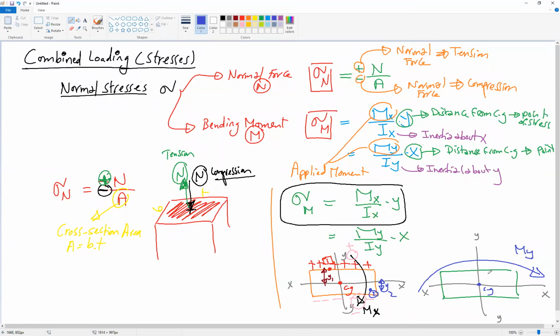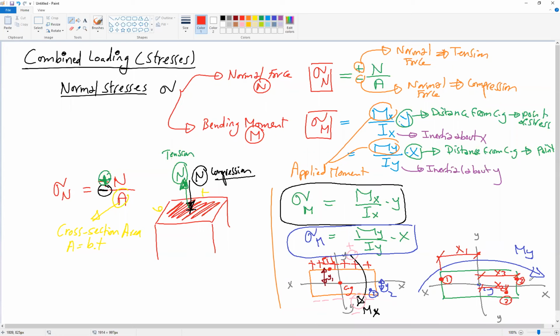So the formula we need to use, sigma for moment, will be My by Iy multiplied by X. And where is X? X will be the distance from the centroid to the point of stress. If you want to calculate the stress at point 1, this will be X1. If you want to calculate it here or here, this will be X2 or X3 and so on.